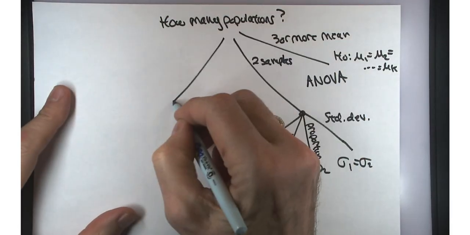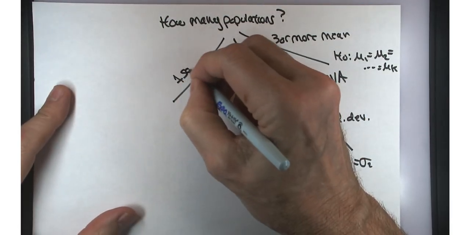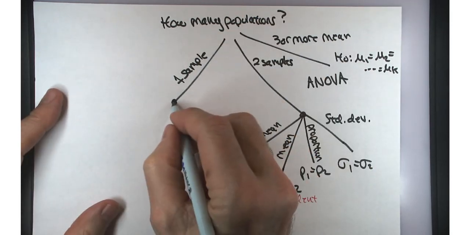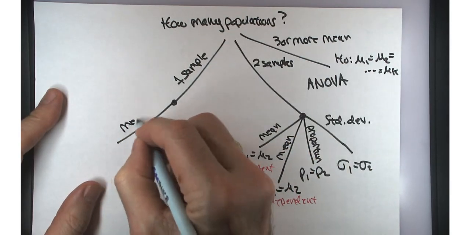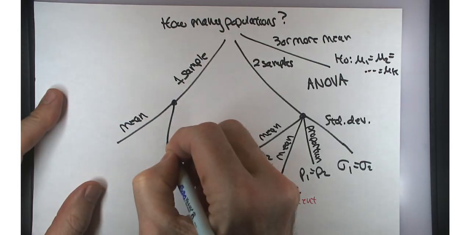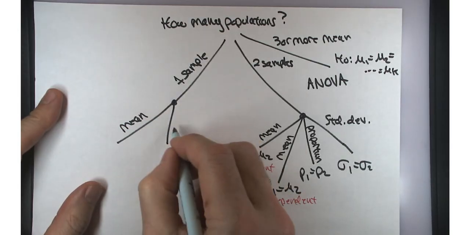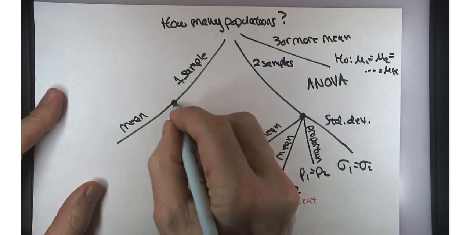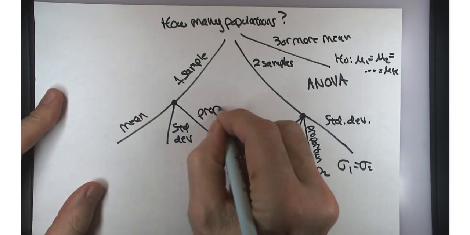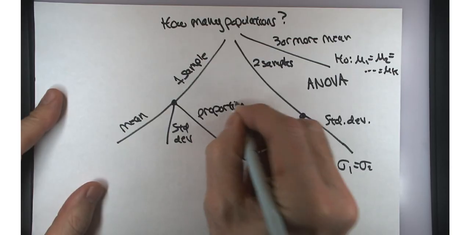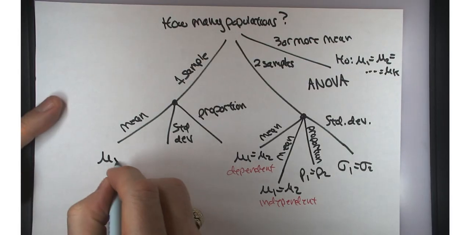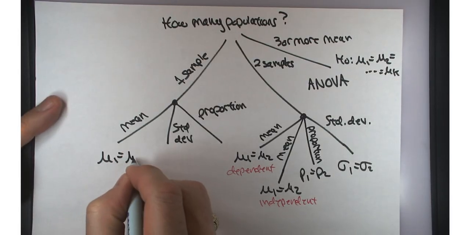You could have 1 sample, which works out pretty easily. You could test a mean, standard deviation, or proportion. If you're testing a mean, it would look like this: mu equals some specific mean.